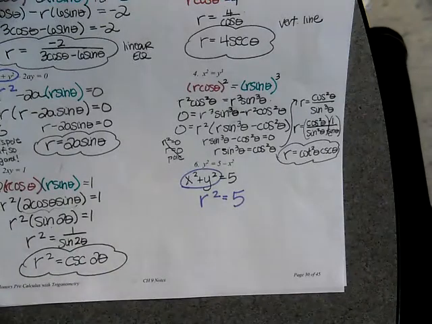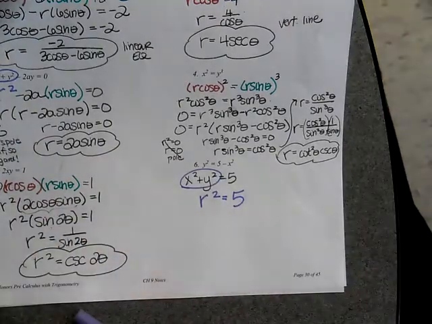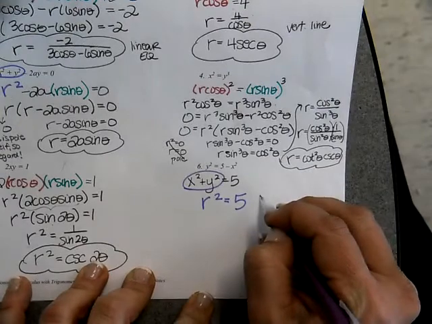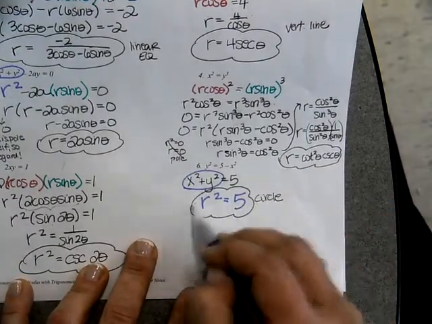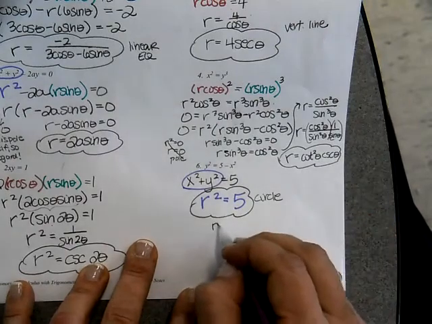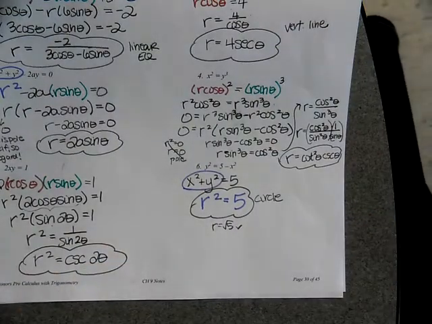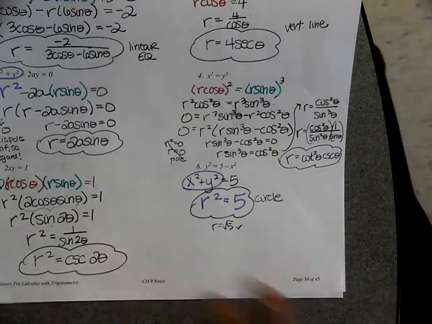So I have r squared equals 5. This is the polar equation for a circle. You can write it as r squared equals 5. I guess you could do r equals root 5 too if you want. Either one is okay. So that is how we go from rectangular to polar.